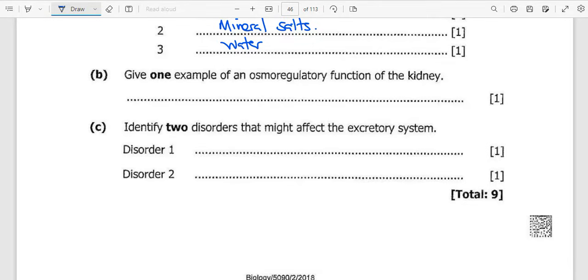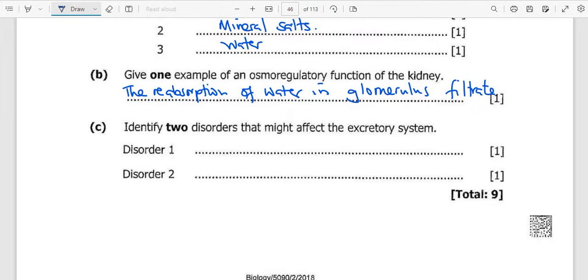So we are saying that the reabsorption of water in glomerulus filter or filtrate with the aid of the hormone which is ADH.